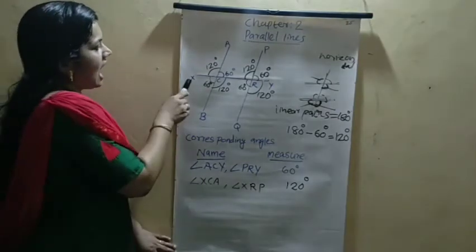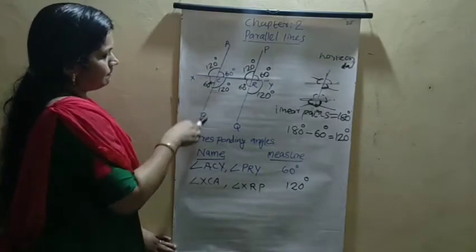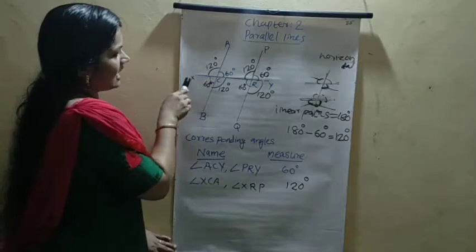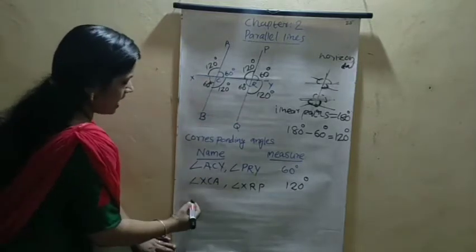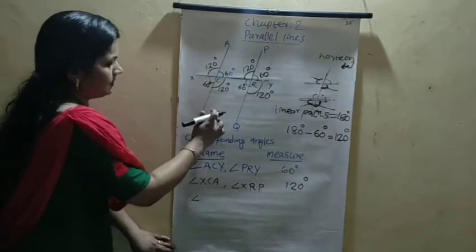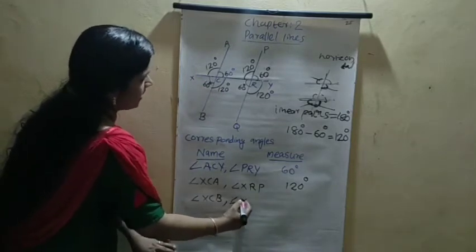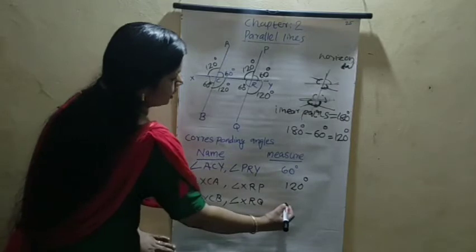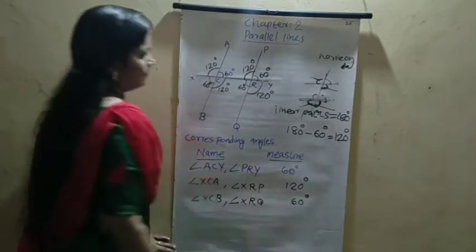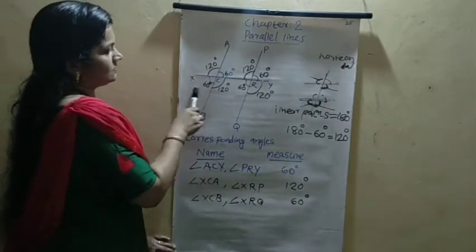The next angles: angle XCB and angle XRQ. Angle XCB and angle XRQ are equal to 60 degrees. Okay, then these two pairs we wrote.